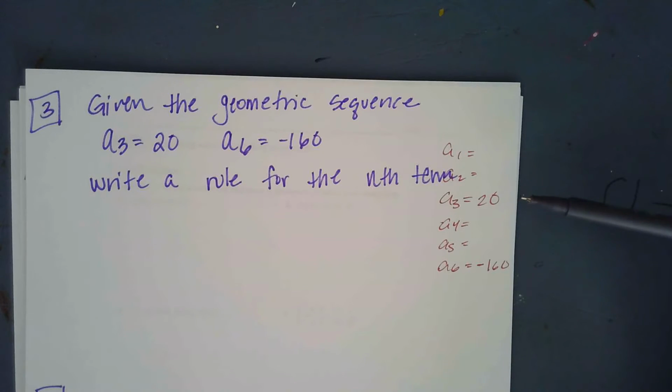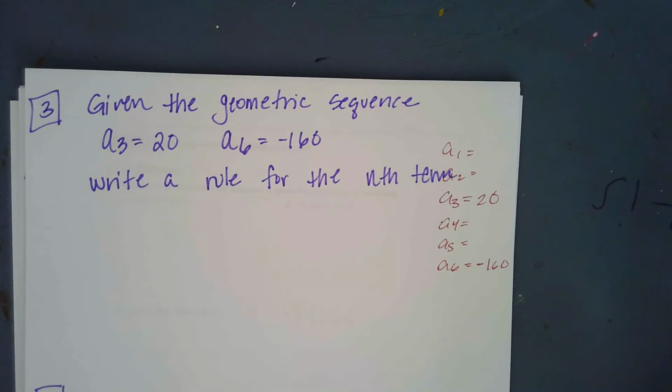So what I want you to recognize is that, number one, you're going from 20 to negative 160. So your r value needs to be negative. In order to get a value of negative 160 down here, we know we're going to have to multiply by a negative value. And so you can play around with this and figure out what value you're multiplying by to get to negative 160.